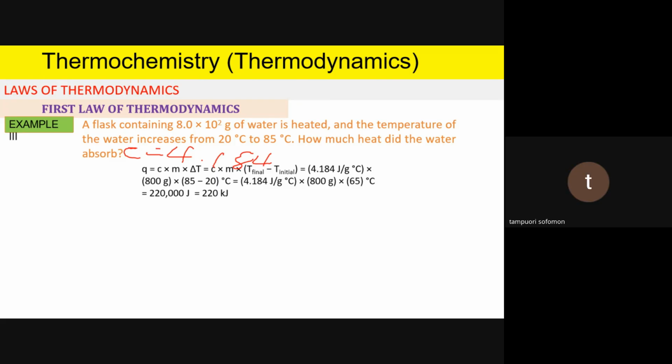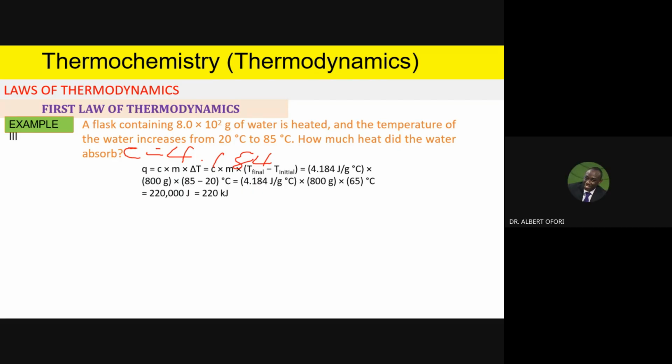I tried all my best thinking I could get this answer here, but I couldn't, so I put a question mark on it. Let me confirm that. The change in temperature from 85 to 20, that's 65.